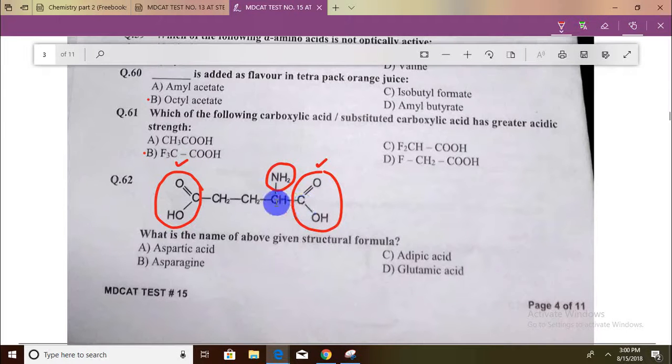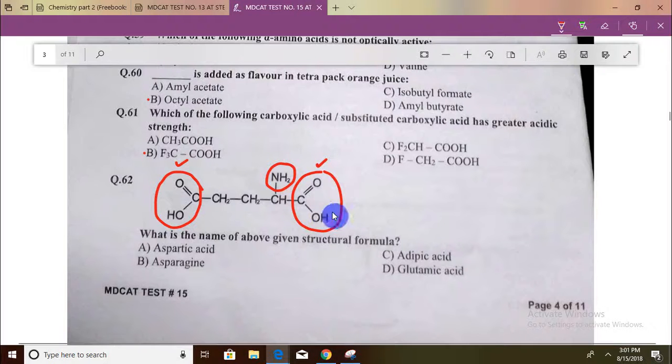So 1, 2, 3, 4, 5. 5 is pentan, and because we have 2 of these, it's 1,5 pentan dioic acid, and because we have to include this, it becomes 2 amino pentan 1,5 dioic acid. But over here they've only given the options in terms of their commonly used names.